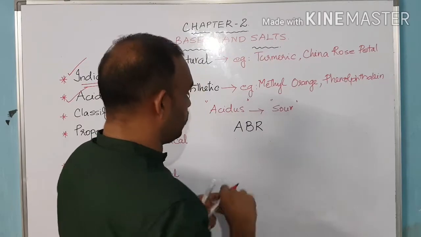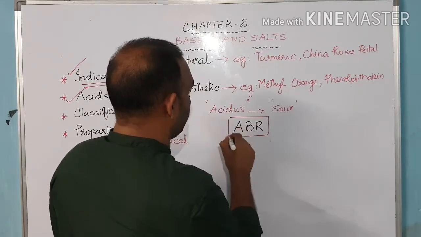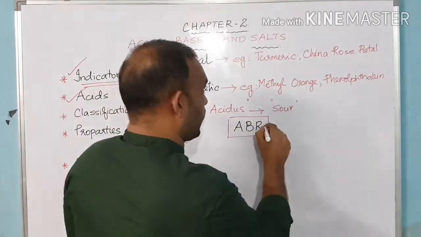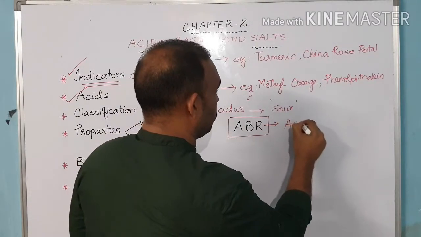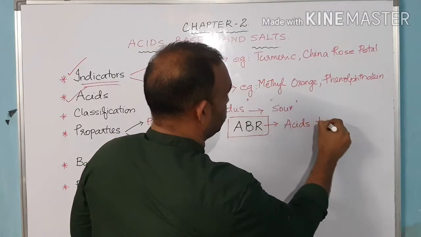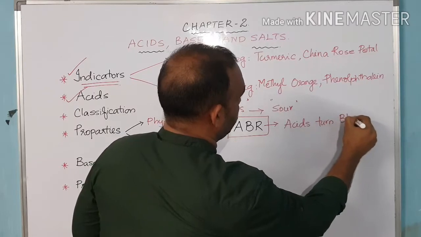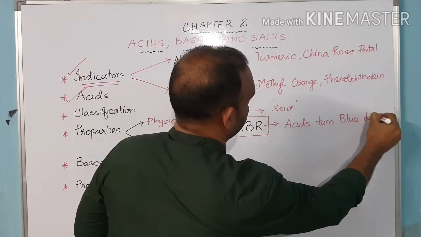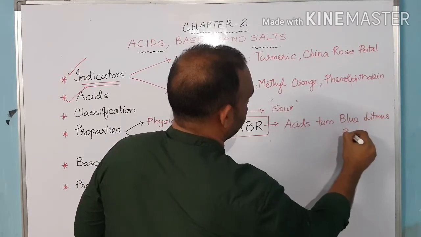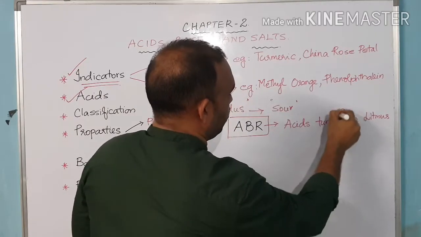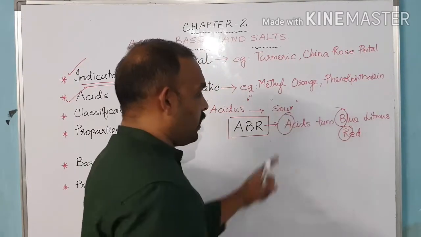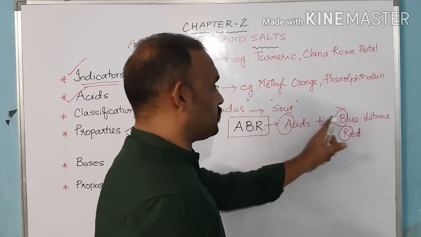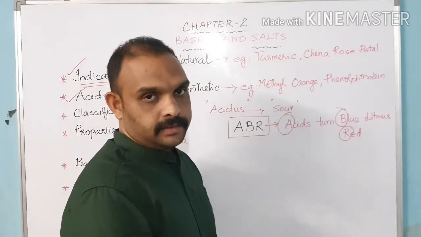What is ABR? ABR means acids turn blue litmus red.